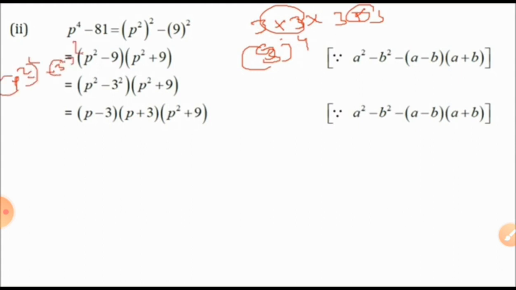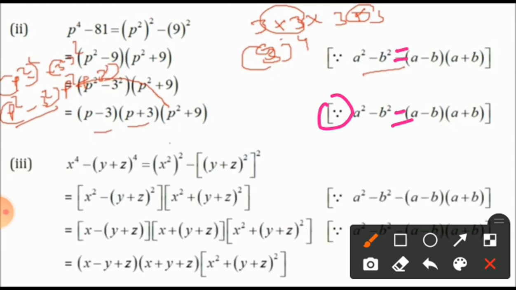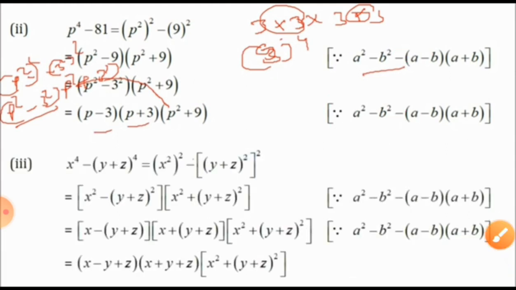In bracket you can say, because of, how to read out this one? Because a square minus b square is equal to, here is the equal to sign, beta. A minus b, a plus b. Isn't it? Here is the equal to sign. By mistake it is not given here. Again y minus minus is given. That's why I am telling you that's an equal to sign.